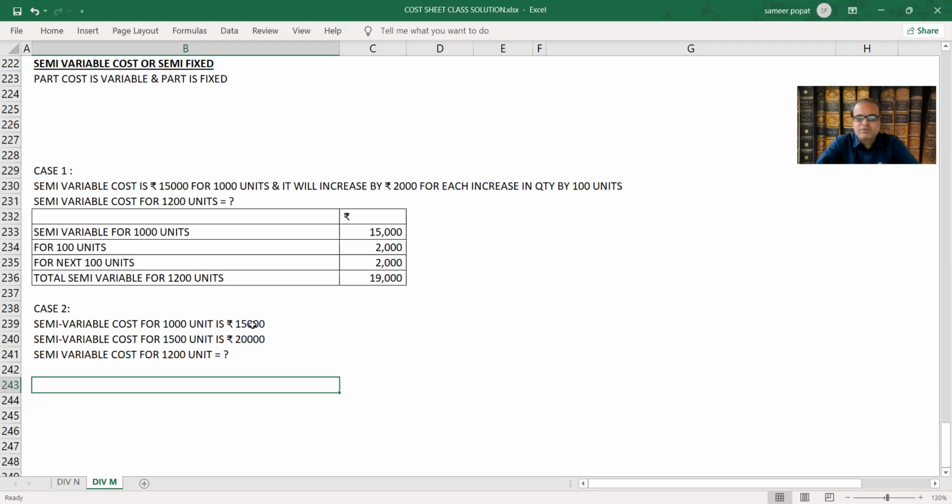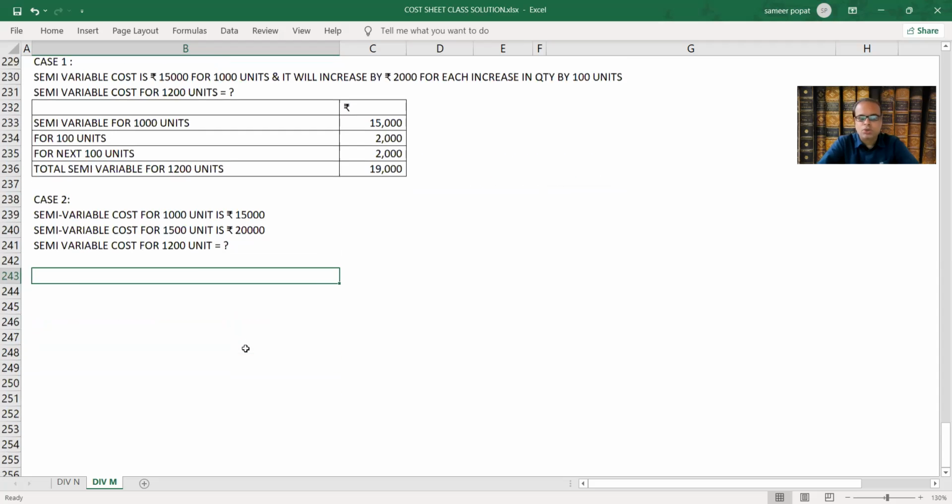Now, in this kind of situation, they will not give you the behavior of cost like the one given here, that for 100 units it will increase by 2000. That information is not given here. Instead, they have given us the cost for 1000 and 1500 units. For two different levels of quantity, they have given the cost. So by comparing these two costs and two quantities, we can split the cost into variable and fixed component.